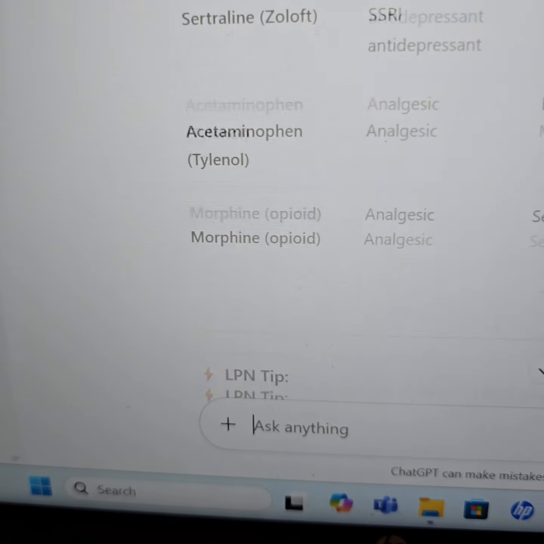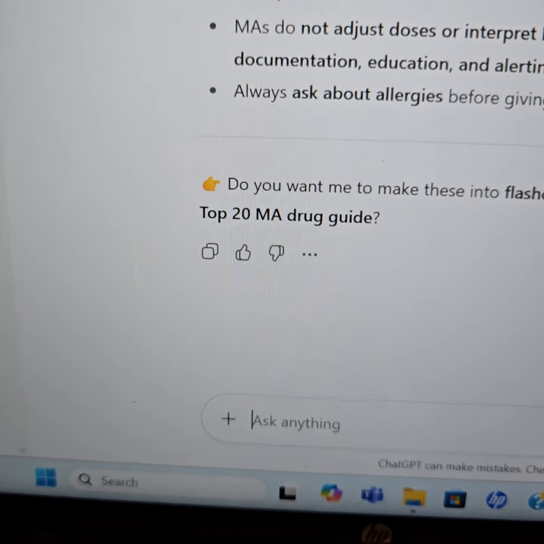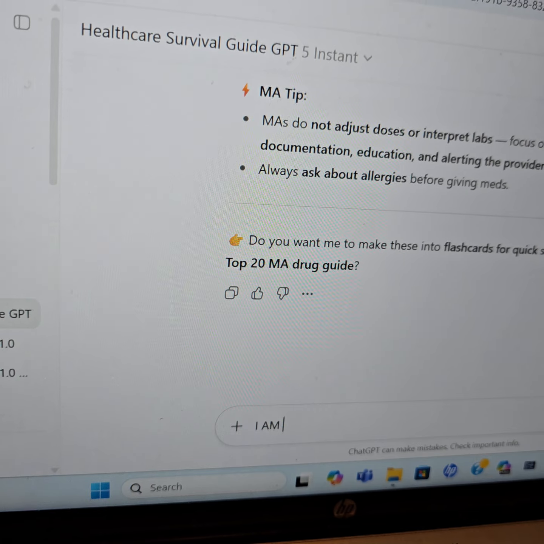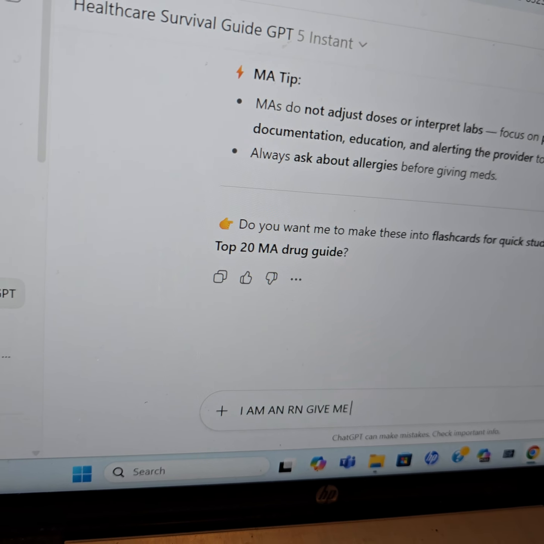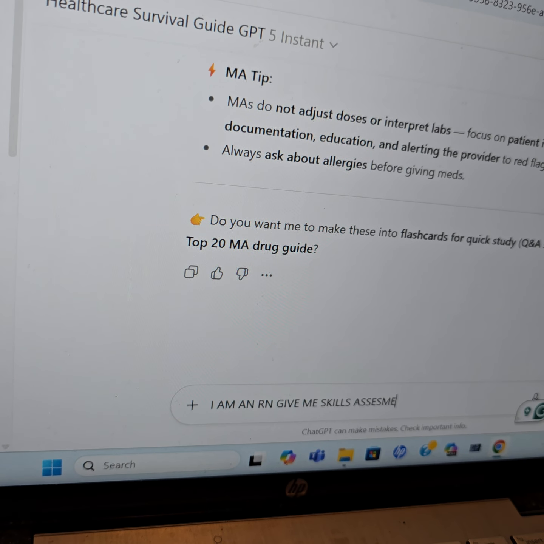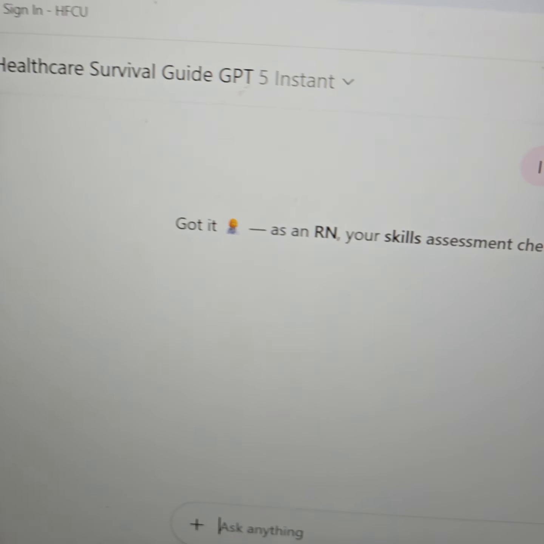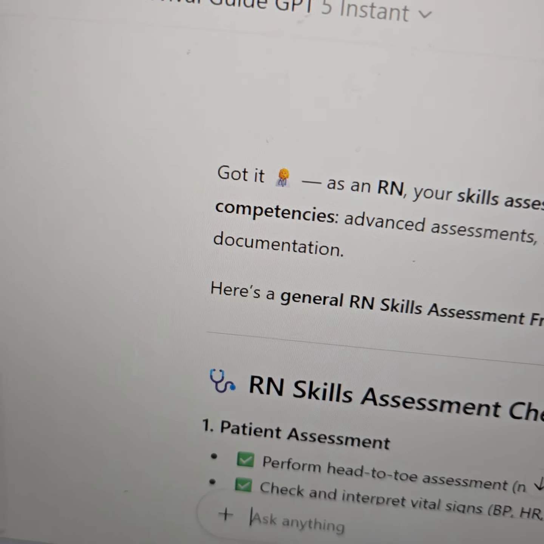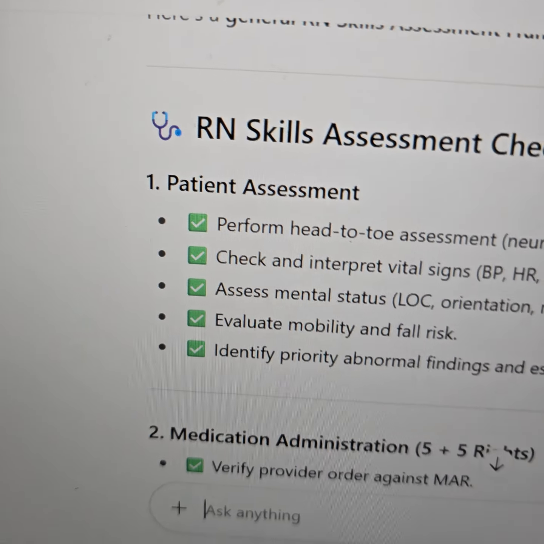Now, the next thing that it gives you is skills assessment, right? So you're going to tell it, I am an RN, give me skills assessment. And it's going to give you a skills assessment checklist, right? Basically, this is what an RN will do.